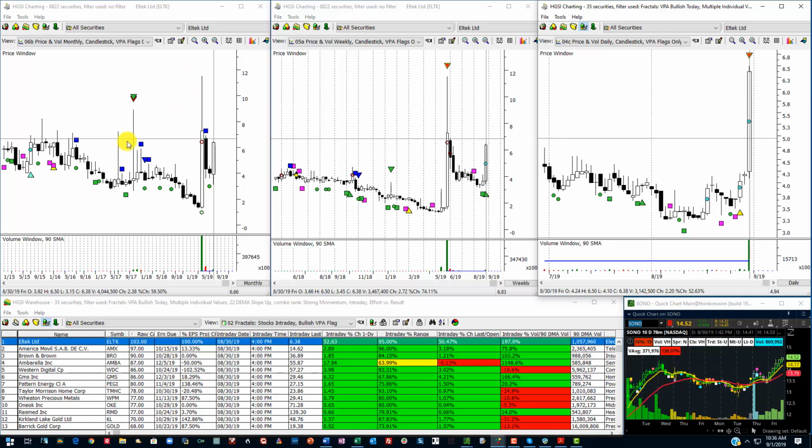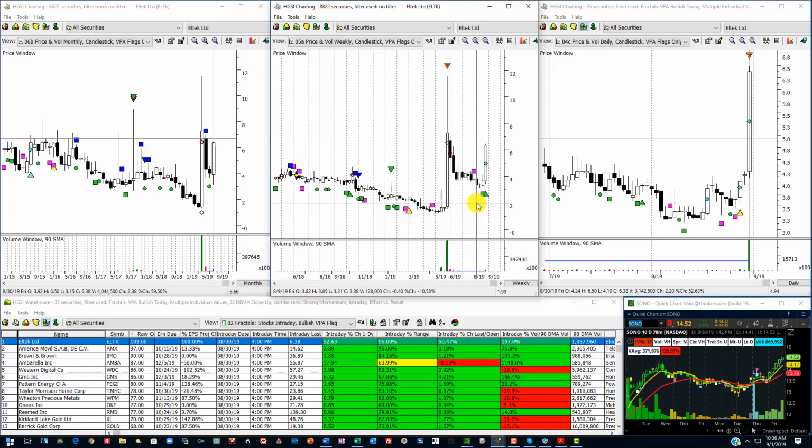Here's a monthly, a lot of rejection, price rejection up here with these upper wicks, so you have to be careful. It traded up to around 12 and then sold off back to around the $4 area. I would certainly look up the news on this before I get too excited about it. But once again, the fractals tell us a lot.